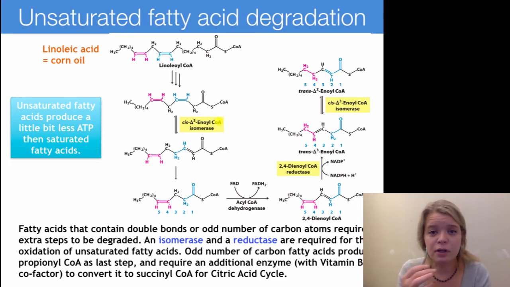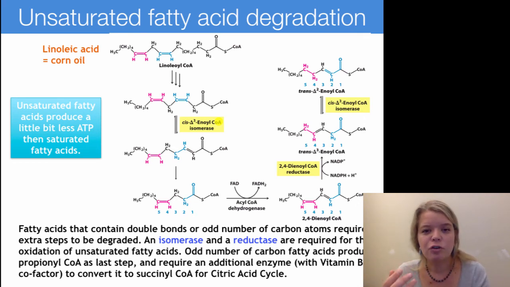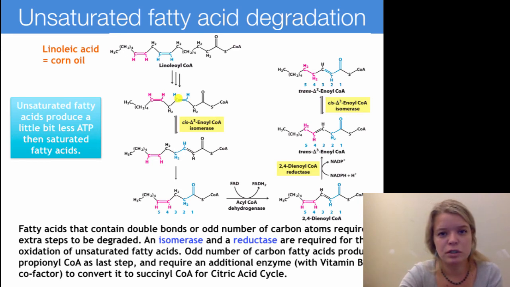So instead, a different enzyme comes in. It's an isomerase, and its job is to move the double bond and convert it from a cis conformation to a trans conformation. So you can see that the double bond is shifted from being between the third and fourth carbon to being between the second and third carbon right there.